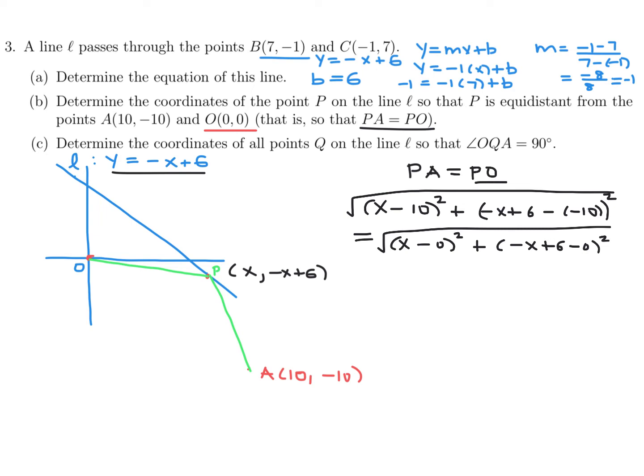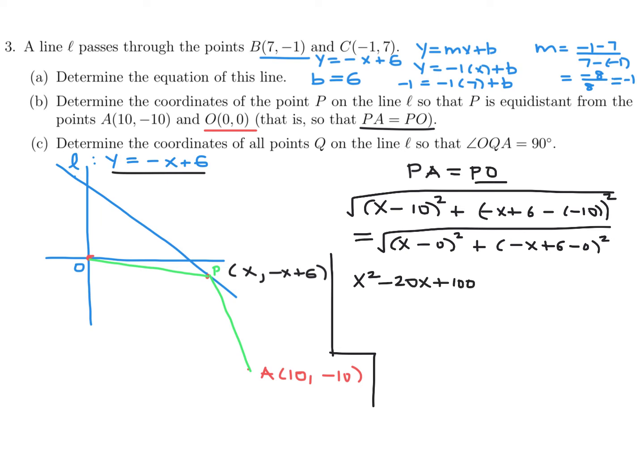Now we have to simplify this. The first thing I'm going to do is square both sides, and then expand a little bit. This becomes x squared minus 20x plus 100.